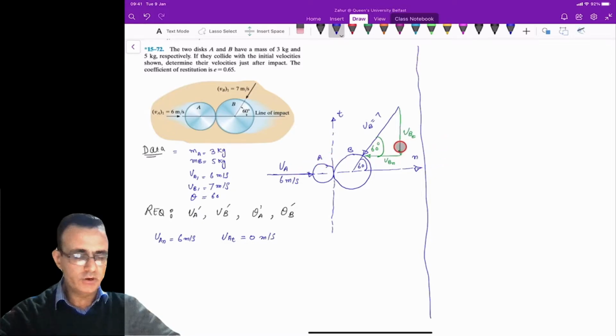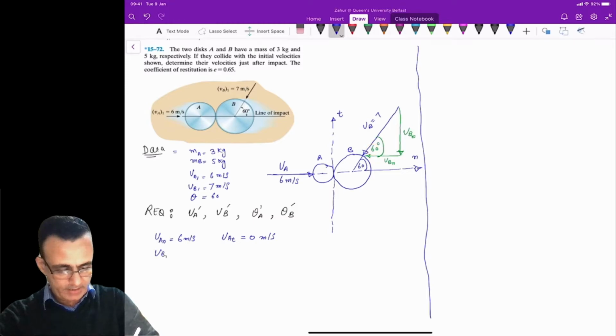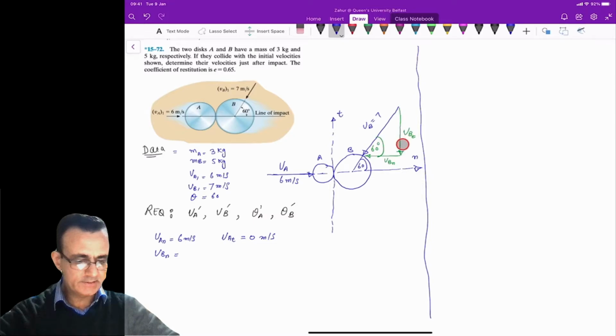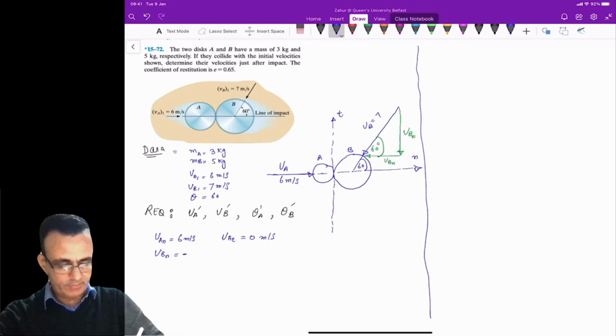Similarly, for disk B, VBN is this one, which will be 7 cos 60, and obviously it's in the negative direction, so it will be minus 7 cos 60, which is minus 3.5 meter per second.